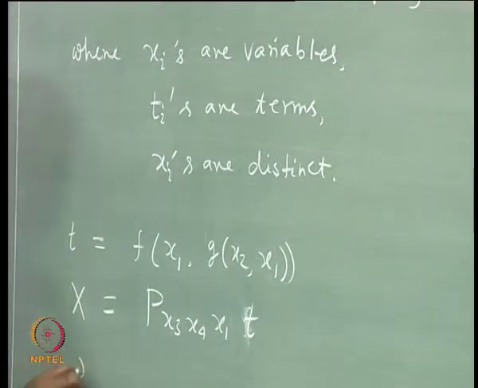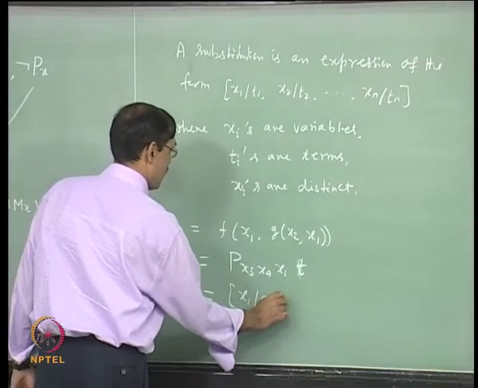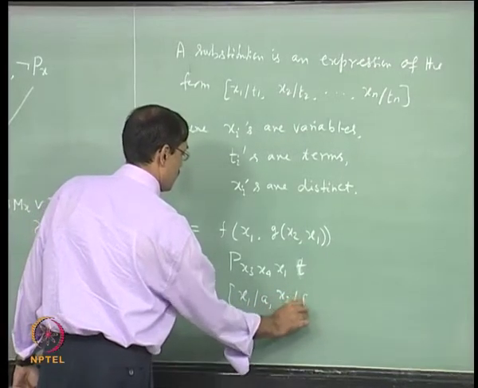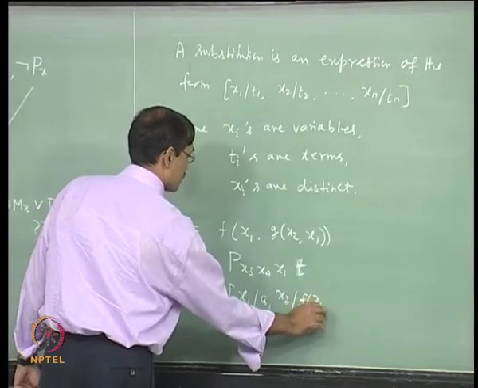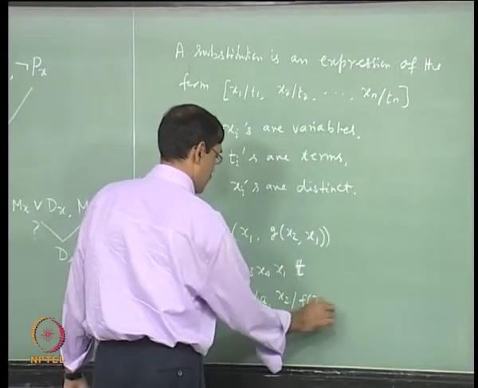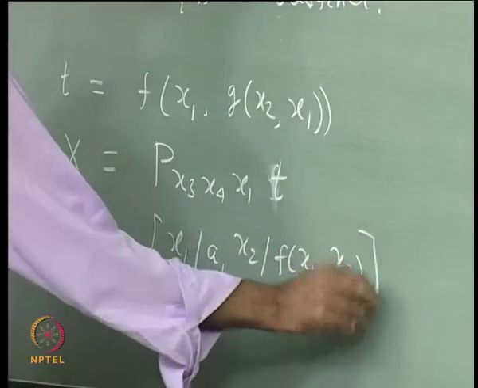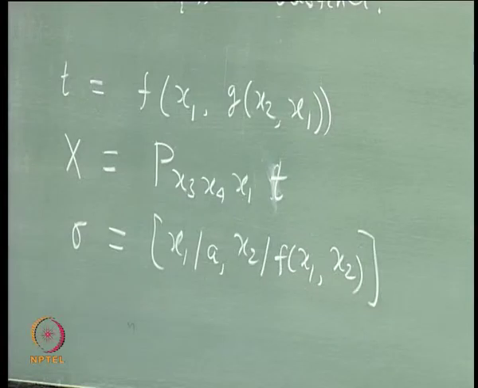Suppose I take the substitution sigma equal to say x1 by a, x2 by f of x1, right. F is of two variables x1 and say x2 again. Suppose we start with this.